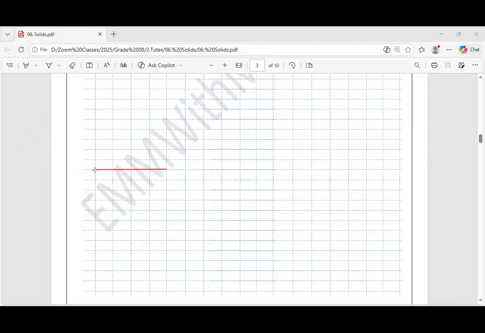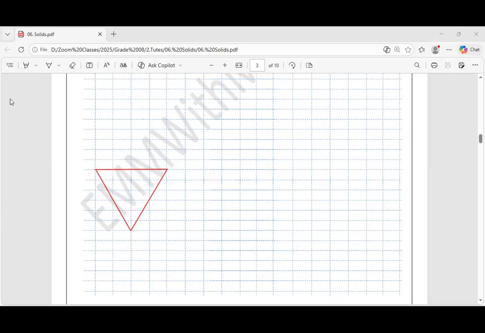Don't be in a hurry, draw it very slowly. To this side you count 4 squares, and to the downside you count 6 squares. At the middle point you have to take the vertex.